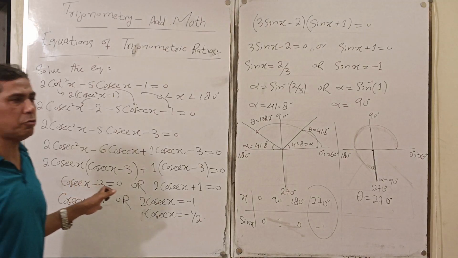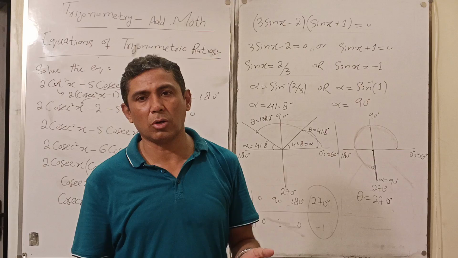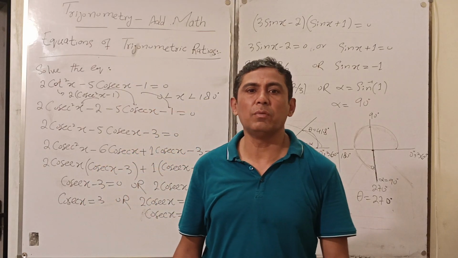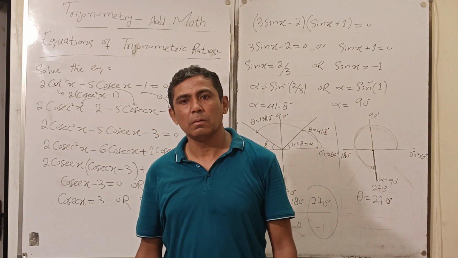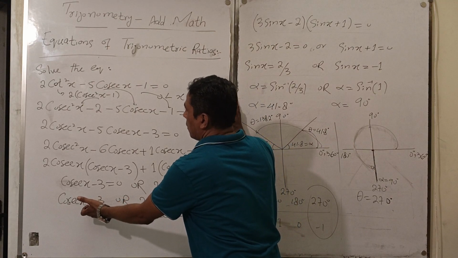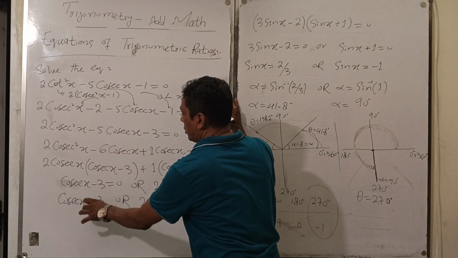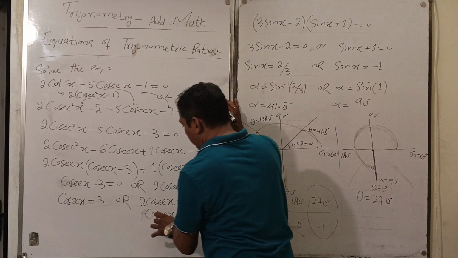Is there any graph for cosec x, sec x or cot x? No. So what we need to do is convert into sine. In the equation we just found the condition of cosec x in simplified form.